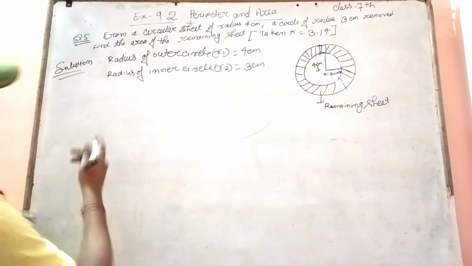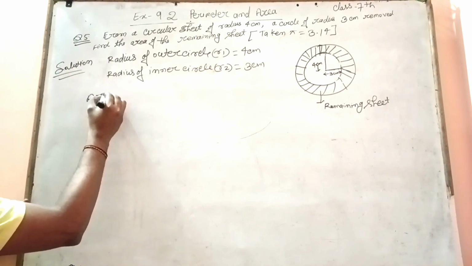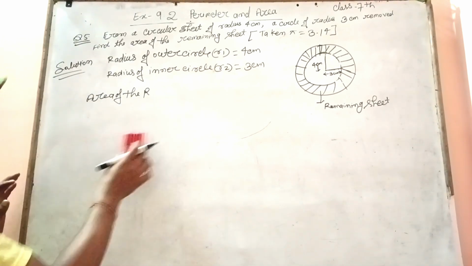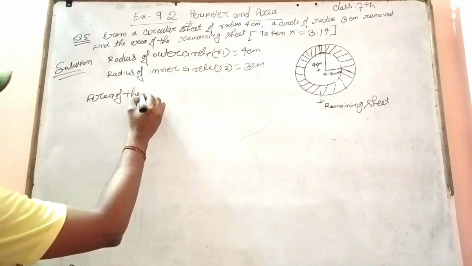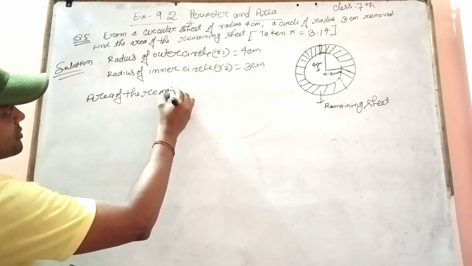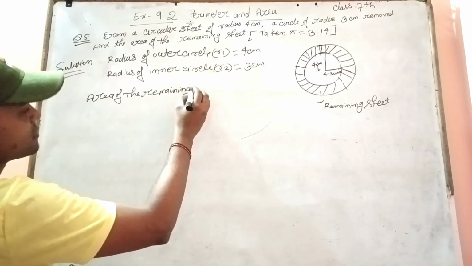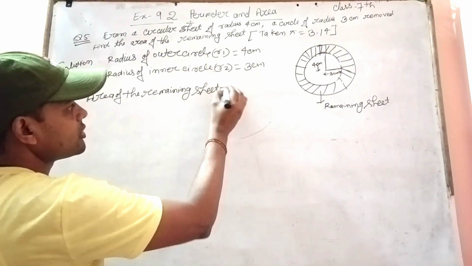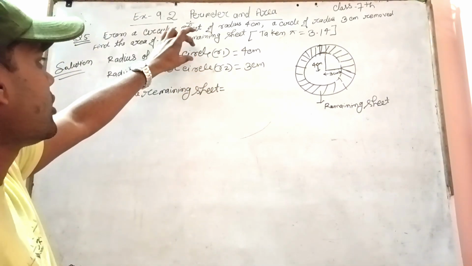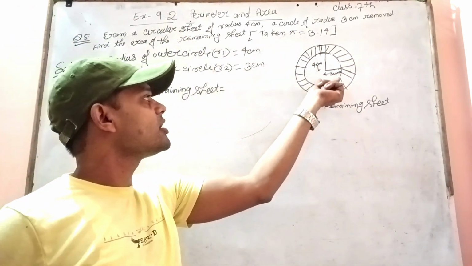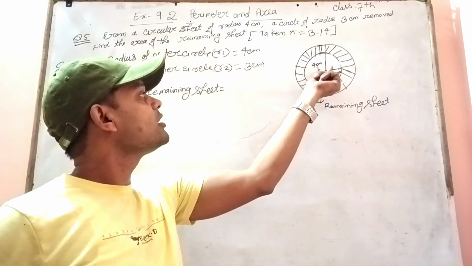Area of the remaining sheet is equal to area of the outer circle minus area of the inner circle.